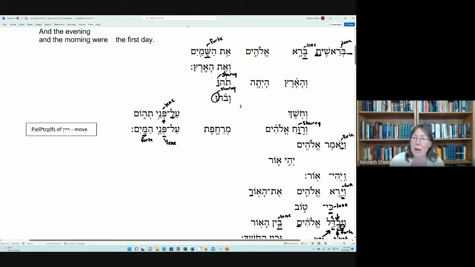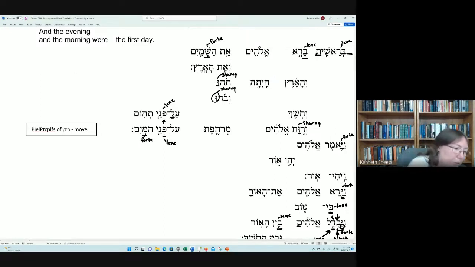Now, another thing, you're probably wondering why I spent so much time on the Dagesh forte versus the Dagesh lene. The reason is, especially once you start getting into Hebrew verbs, there is a particular Hebrew verb form where in order to tell what the verb form is, you need to be able to tell the difference between a Dagesh forte and a Dagesh lene.